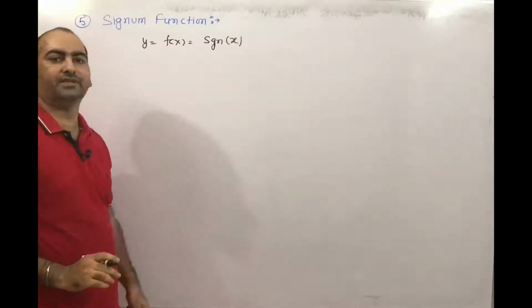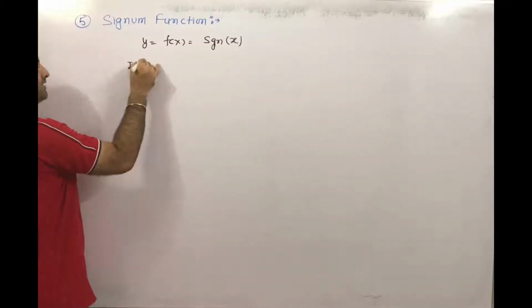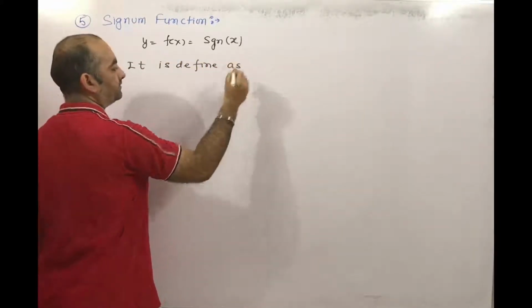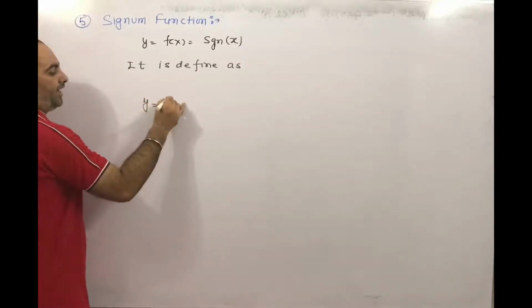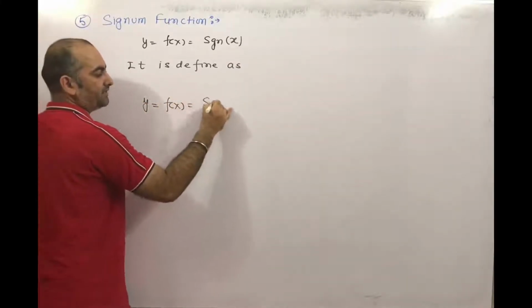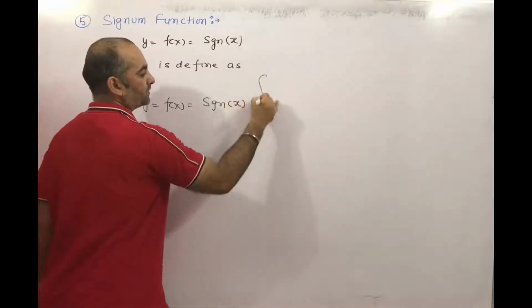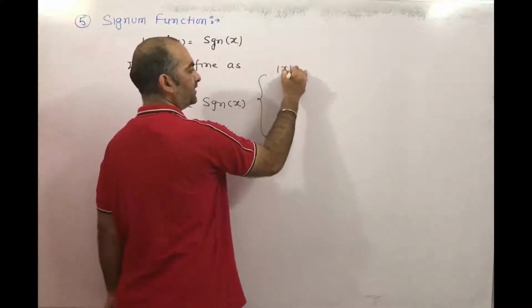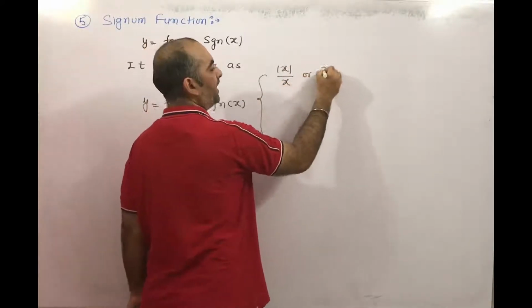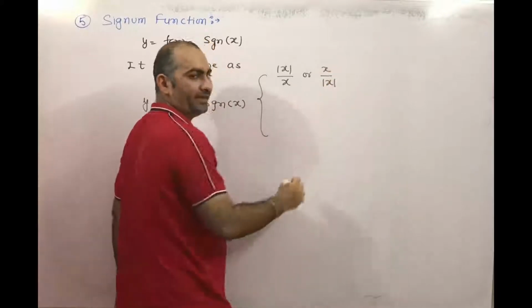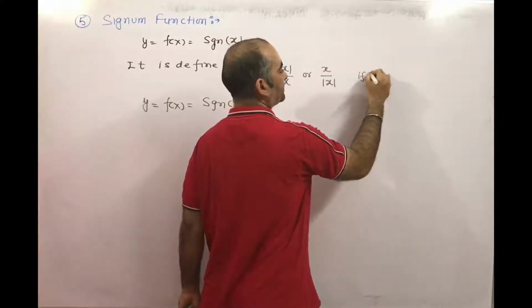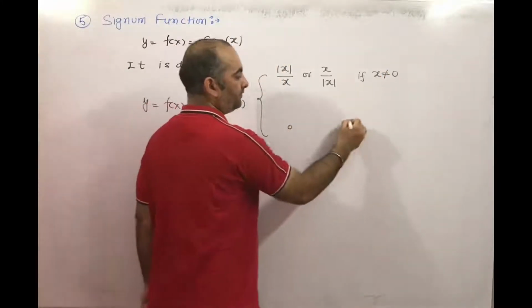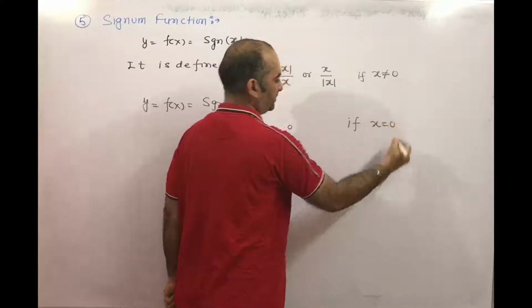This function is called Signum function, and it is defined as y equal to f(x) equal to Sgn of x equal to modulus x divided by x, or we can write x divided by modulus x if x is not equal to 0, and 0 if x equal to 0.